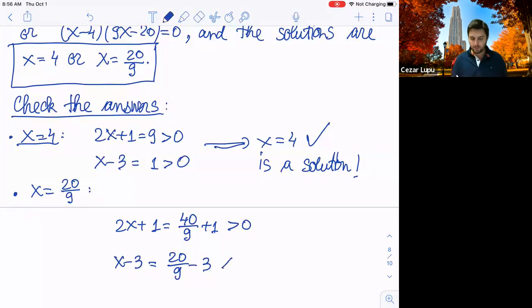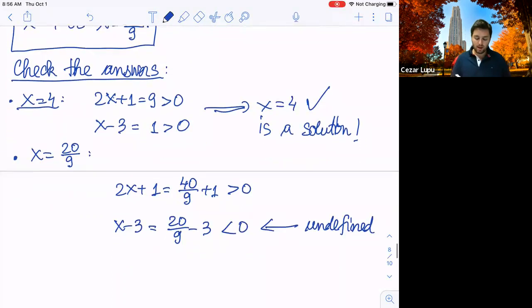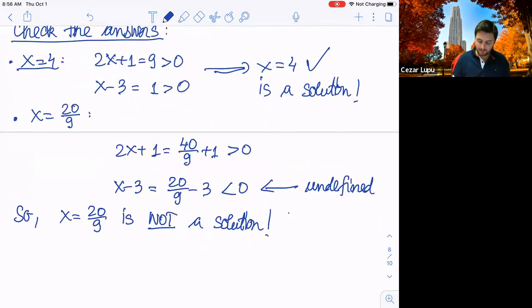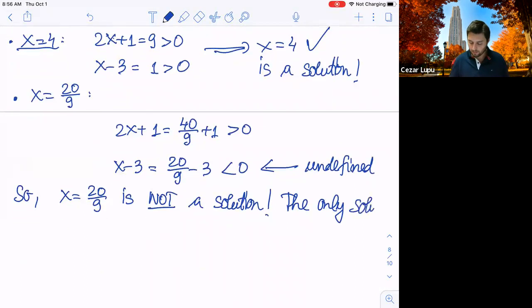This will be negative, so this is undefined. So x equals 20 over 9 is not a solution. So the only solution is x equals 4. And that's it.